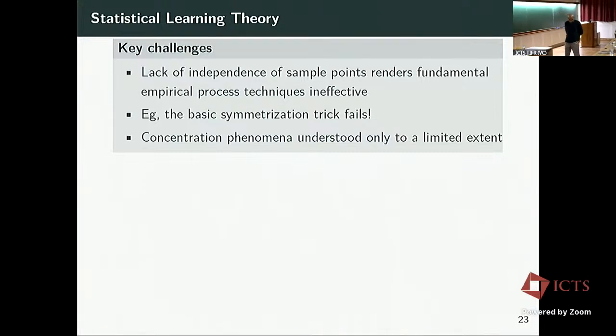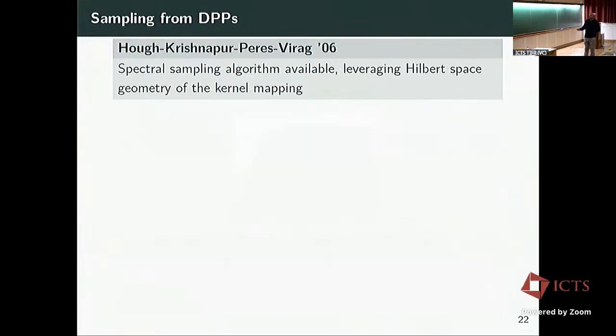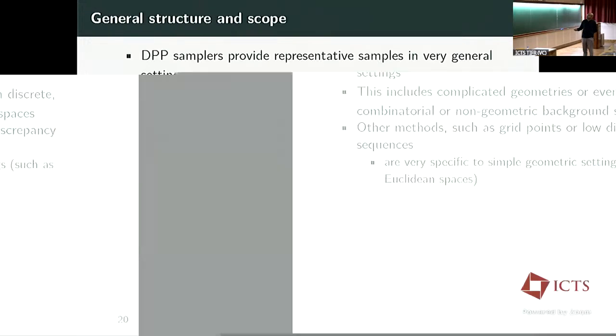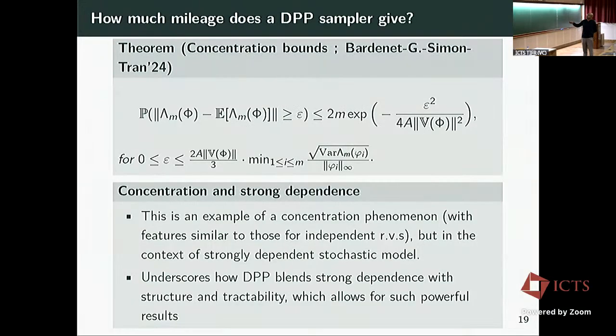So what are the key challenges in trying to do statistical learning theory? In terms of the most vanilla version of results, you have a concentration result for, let's say, one particular test function. Instead of this inequality, what you want is a uniform guarantee over a class of functions.